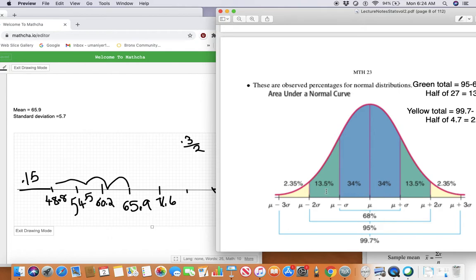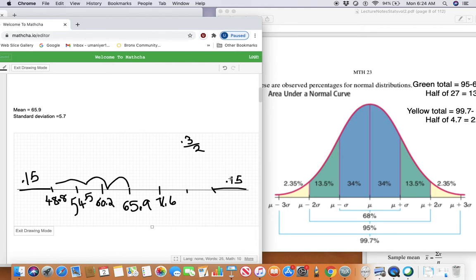What's going to happen? 13.5 plus 34 plus 34 plus 13.5 plus whatever this was, 2.35 and above, and the last one above is this 0.15. So I want to add all of this.